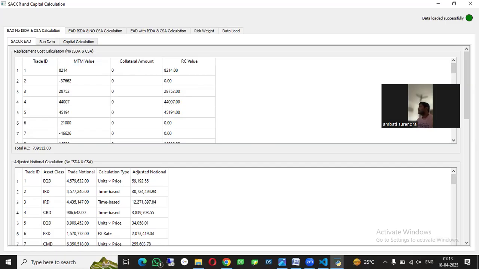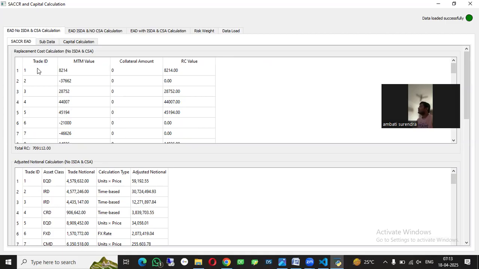Replication cost we can calculate in two ways, for margined and unmargined trades. Simply, margined trades are transactions where collateral is posted. Unmargined trades are transactions where collateral is not posted.